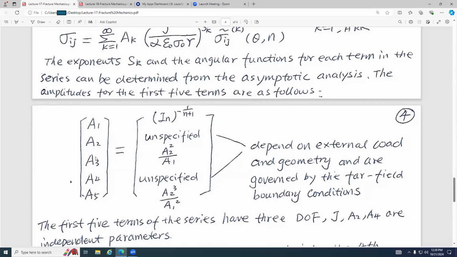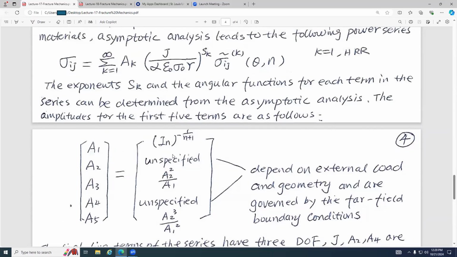So A1 through A5, these 5 can be determined using this value. This n is the material hardening parameter n. So this is I_n, minus 1 over n plus 1. A3 is A2 squared divided by A1.